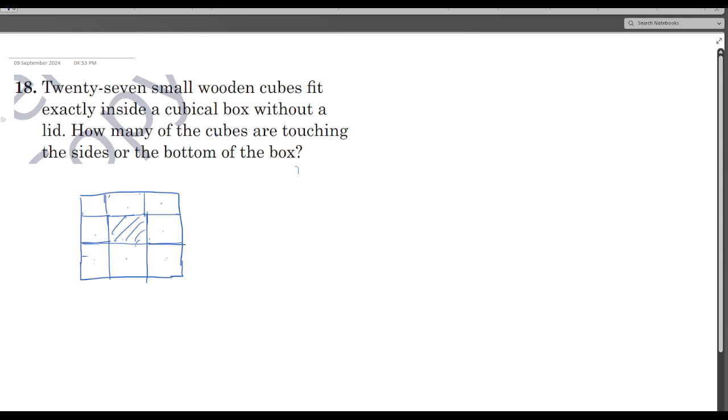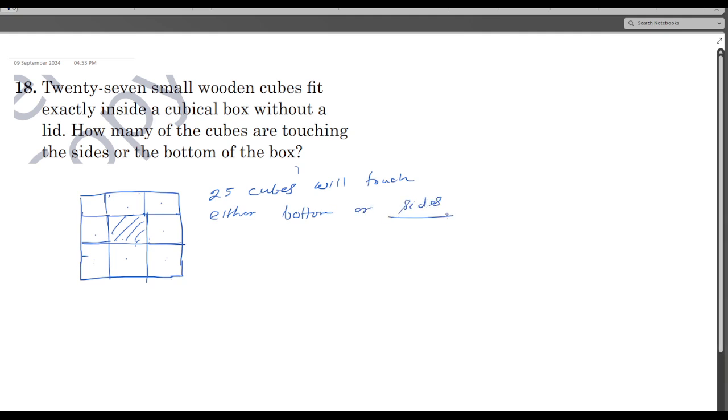So from these 27 cubes, if I remove 2 cubes which are not touching any of the sides or the bottom, I will say that 25 cubes will touch either the bottom or the sides.